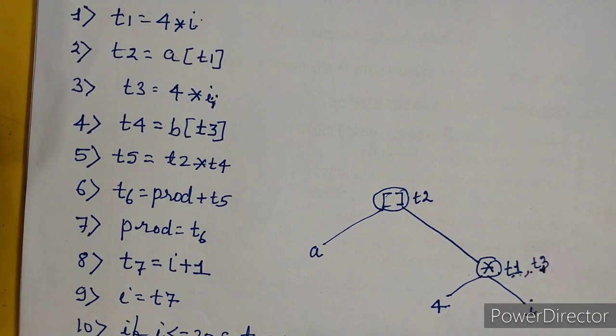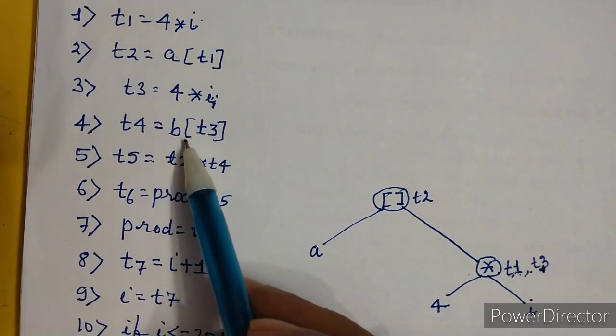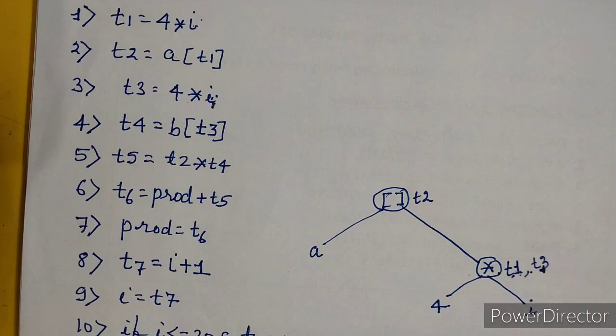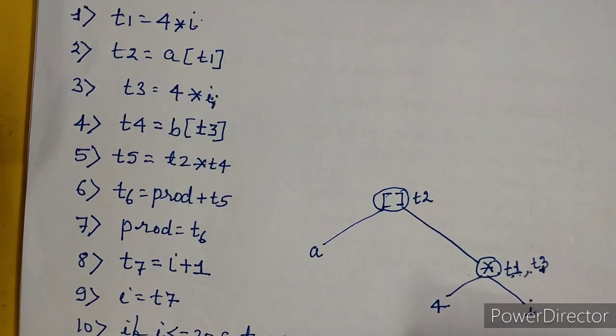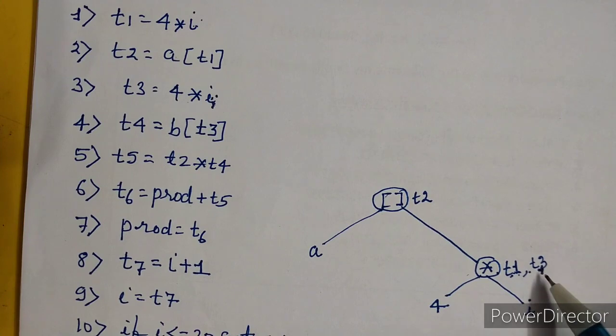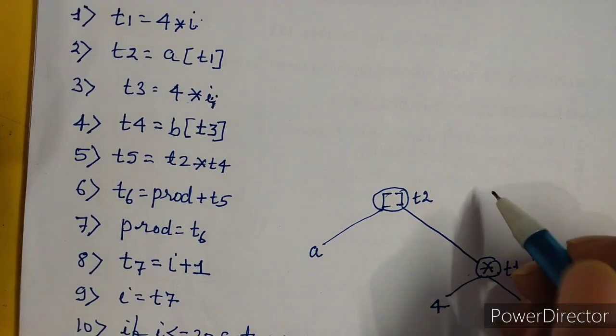Now consider T4 equal to B into T3. We have not constructed a node for B yet, and we have already constructed T3, so we reuse it.